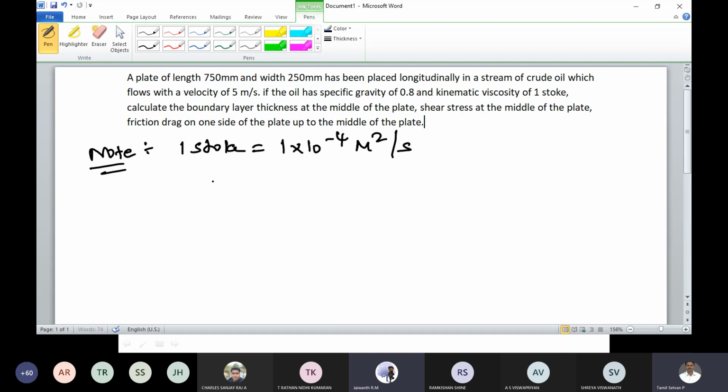Please take a note. It is also mentioned that the specific gravity is 0.8. From that you can find the density. Specific gravity is the density of oil divided by the density of the standard substance.